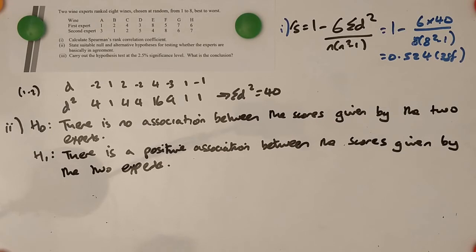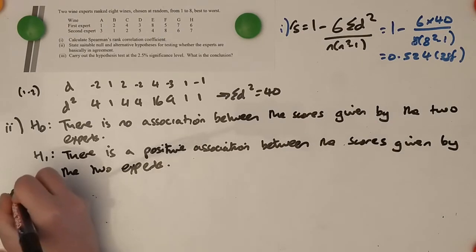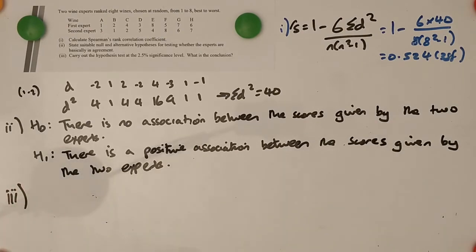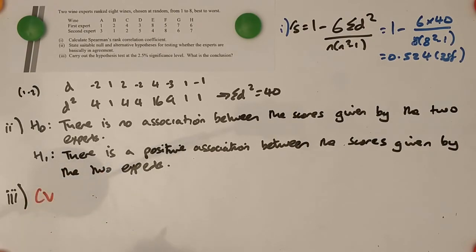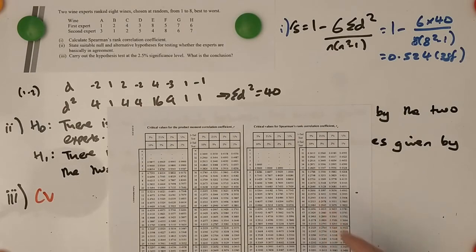Carry out the hypothesis test at a 2.5% significance level. What is the conclusion? So we need to work out our critical value. We've got rs over here, we've got n equal to 8, and we want to do a one-tailed test at 2.5%.